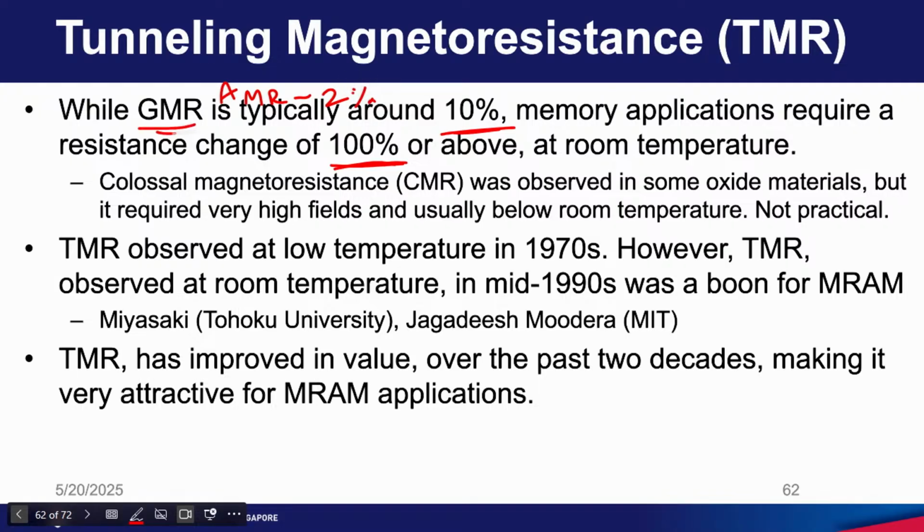Then when you have GMR, for most practical applications you can have around 10% change in the resistance. But with tunneling magnetoresistance people have observed even larger values. In the industry itself they can make 200%, and in the lab they have observed 1000%.